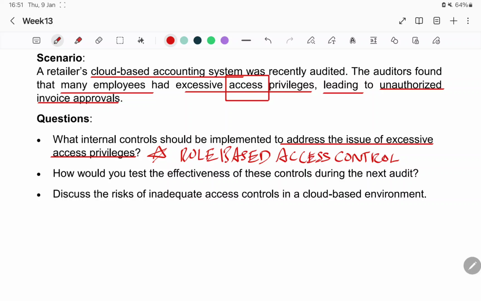You say the manager, the technician or the accounts technician: during the next audit, you will use this ID and try to authorize the invoice. So the system should not allow. Alright, this will happen. Very simple.